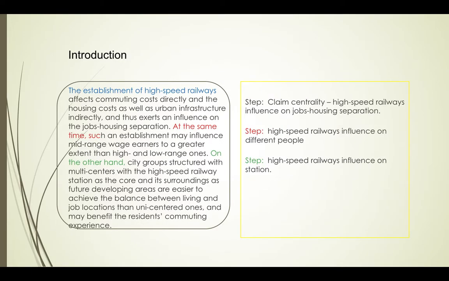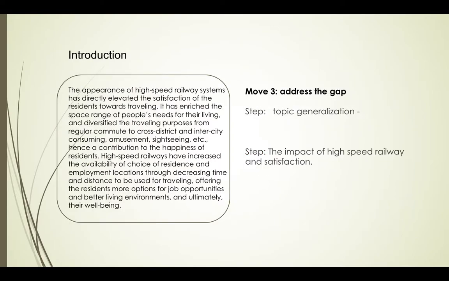In the next paragraph, I will mention the high-speed railway influence on the job housing separation and explain the high-speed railway influence on different people and also on the station. So this is Move 2, and then Move 3 will address the gap.